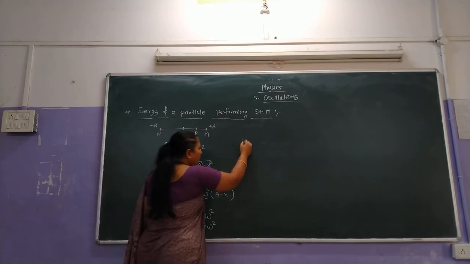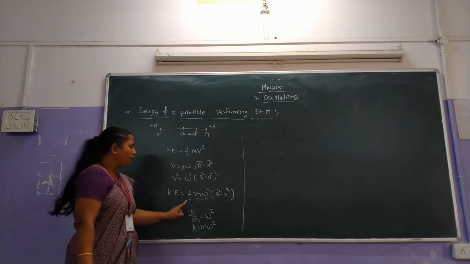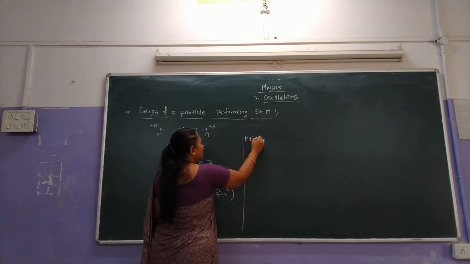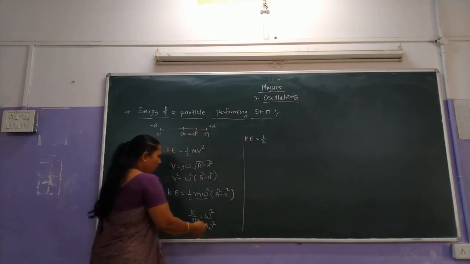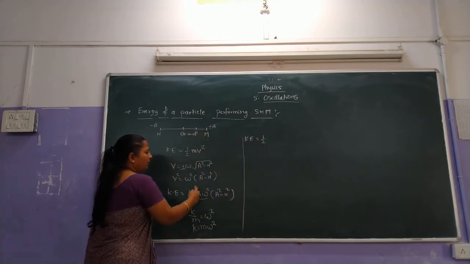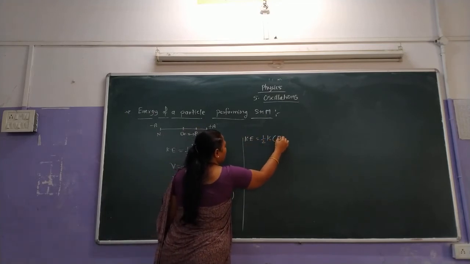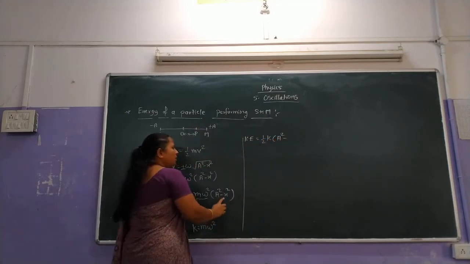So we get the formula for the kinetic energy of a particle performing SHM: kinetic energy is equal to half m omega square in bracket a square minus x square, which can be written as half k in bracket a square minus x square.